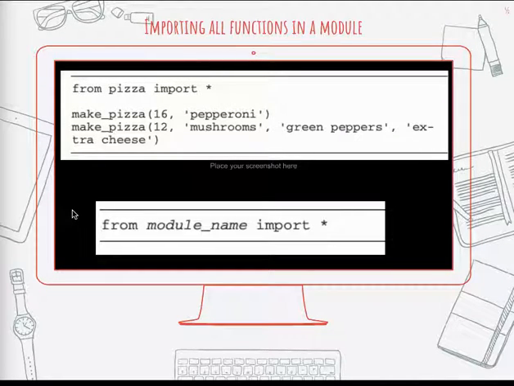It's best not to use this approach when you're working with larger modules that you didn't write. Some modules may have many functions, and it's very inefficient to ask your program to copy all of those functions if you're not going to use them. So if you're only using a few functions, it's best to only import those functions.